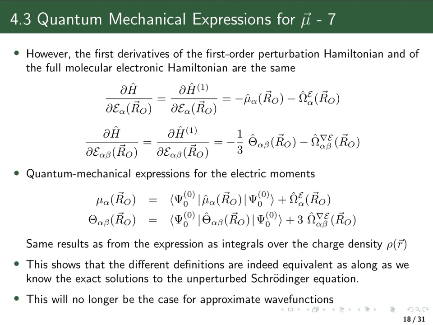Now I get the same quantum mechanical expression for the electric dipole moment or for the electric quadrupole moment as we had derived before in the first derivation, where we started with the integral expression for the moments and replaced the electric density with the quantum mechanical expression.